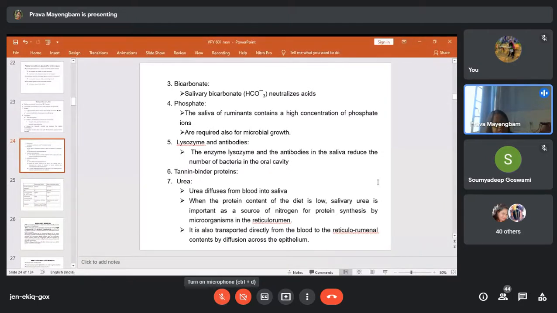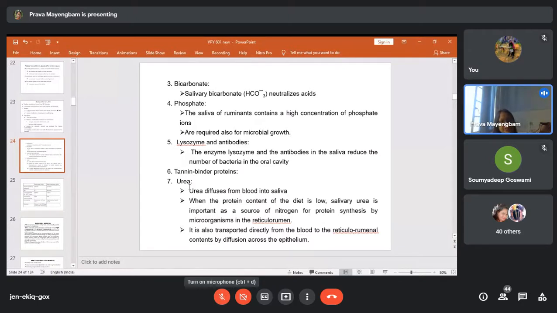They are never sterile, never free of microbes. But the environment in the mouth cavity has certain functions. The lysozymes present in the saliva will kill those bacteria.